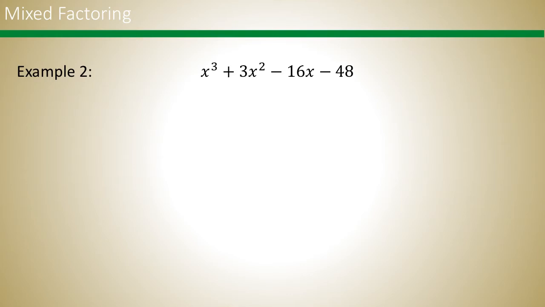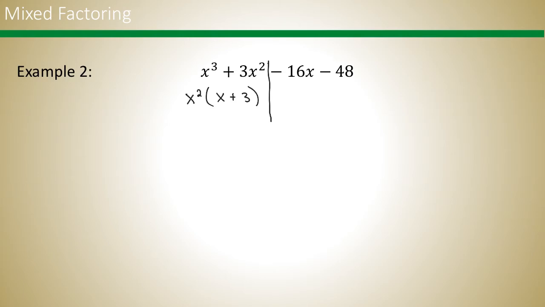Here's another one. Again, the first step, look for a common factor. This first term doesn't have a number, and this last term does not have an x, so there's nothing common between all 4 terms. Since we have 4 terms, we're going to factor by grouping. Break this into 2 groups. These first 2 terms both have x squared, and then we're left with x plus 3.